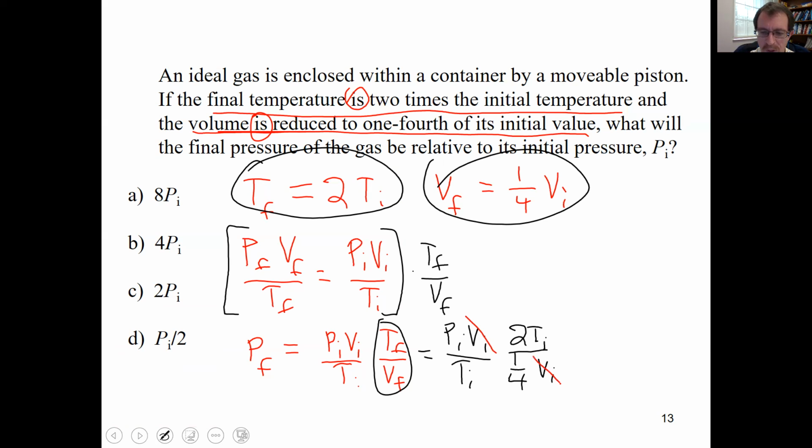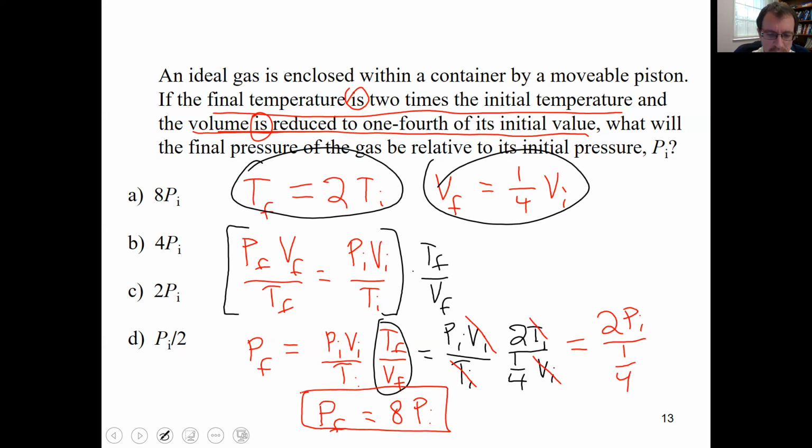Those are going to cancel. I've got initial temperature in the denominator, and it's going to get multiplied by initial temperature in the numerator up there. So the end result is twice initial pressure divided by 1/4. And 2 divided by 1/4, you can do this yourself, is 8. 2 divided by 0.25 is 8. So the answer is that my final pressure is going to be 8 times my initial pressure. If you chose that one, you got the correct result. Okay. And that does it for this one.